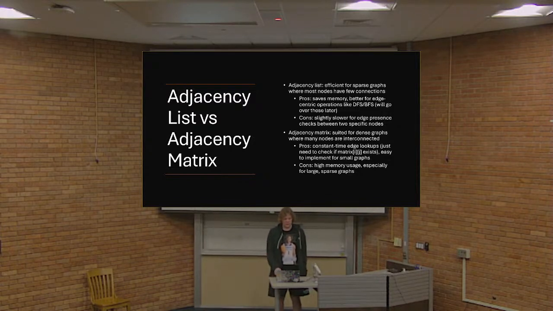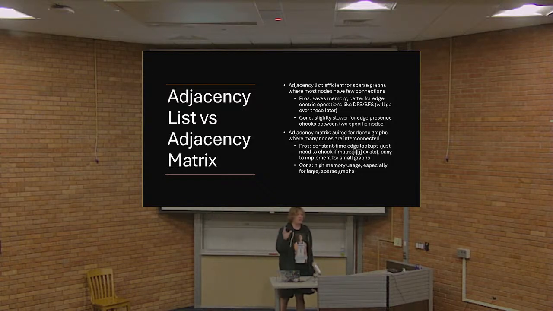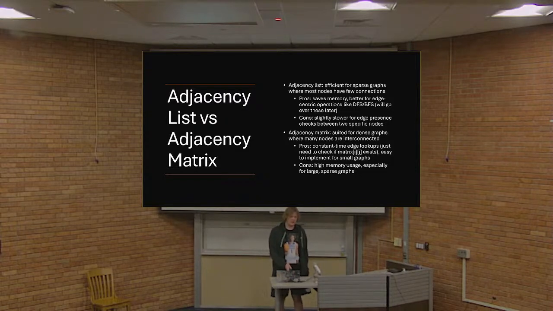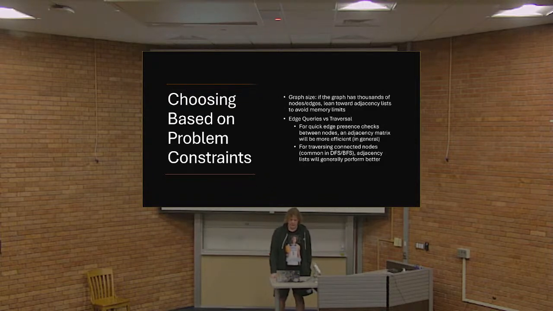And an adjacency matrix is going to be better for when you just need to know if 2 nodes are connected directly because that's a constant lookup time. It does have high memory usage like I explained, and it's going to be a little faster for checking, but I still, like I said, implement an adjacency list more often than I implement an adjacency matrix.